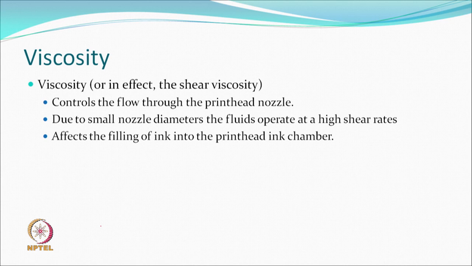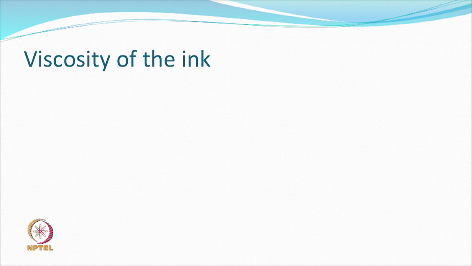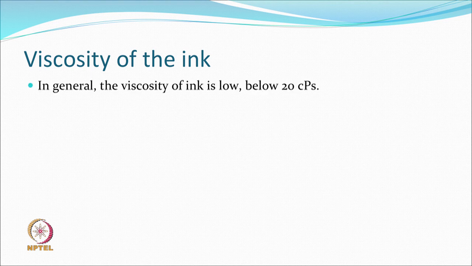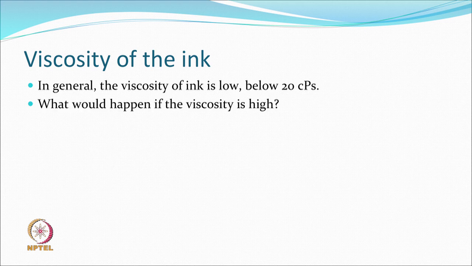its behavior is different. So, the behavior of the ink, whether it is going to be shear thinning, shear thickening, this is what will be important for us to learn. So, we again revise that the viscosity is generally low, around 20 cP.